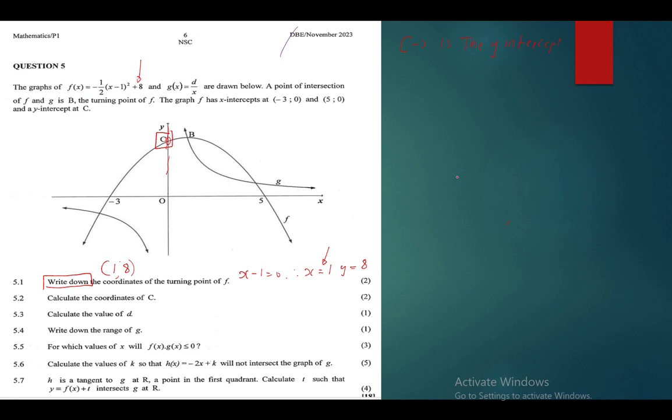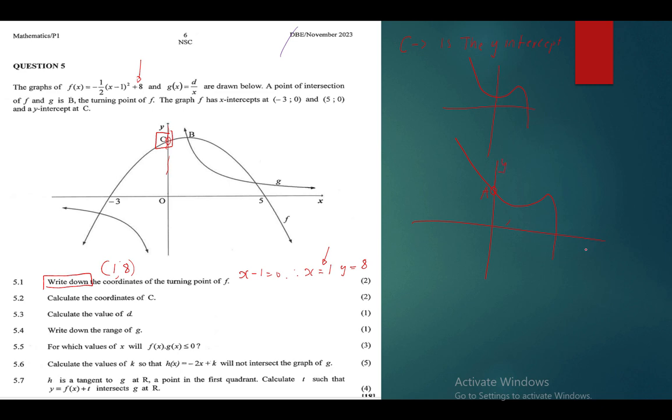Look what I'm writing here. If I give you a graph and say this is the graph, it's ugly. Let me write down here. If I do this and say this point is A, this point A is called the y-intercept because it's where the graph cuts the y-axis.